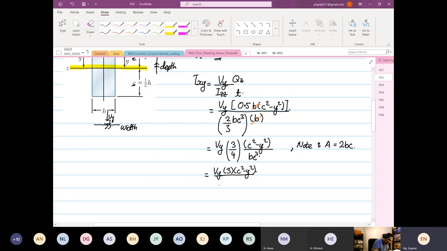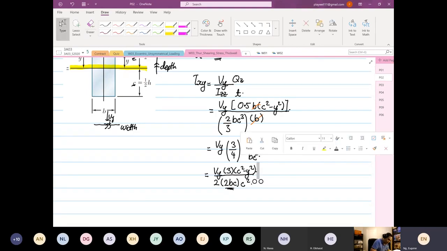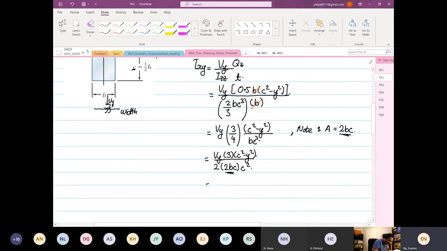Then I'm going to split the 2, so I'm going to have 2 over here, and bring in BC, and this is C squared. This over here and this over here are the same. So we rewrite this expression as Vy over A, 3 over 2, and we have C squared minus Y squared over C squared.